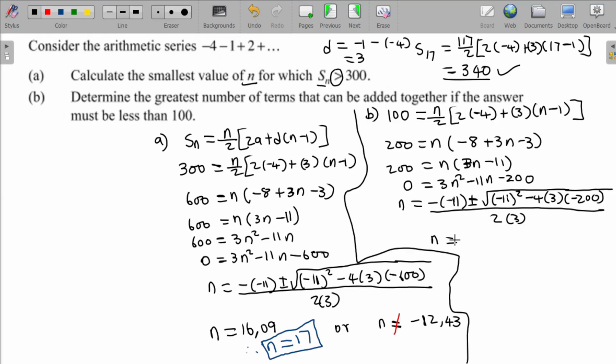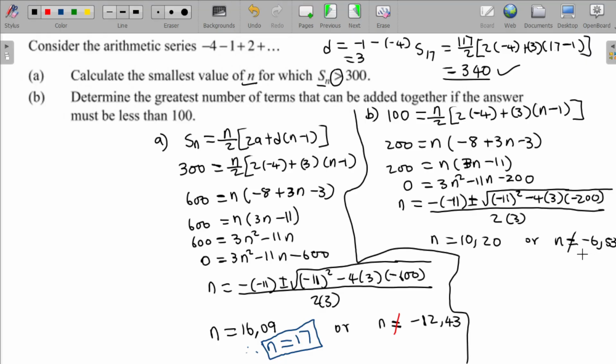Punch that in your calculator: negative of negative 11 plus the square root of negative 11 squared minus 4AC, and then 2 into 3. Again here, I get an answer of 10.20, or n is equal to an answer that is negative 6.53. Again, we cancel this.